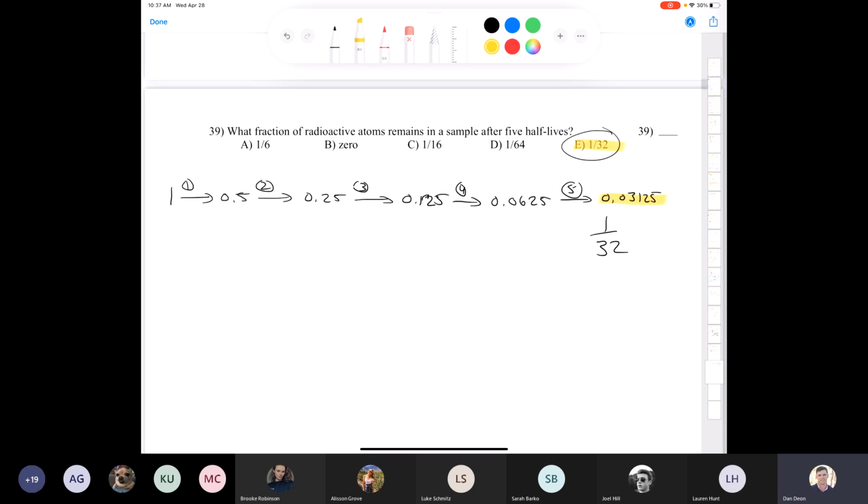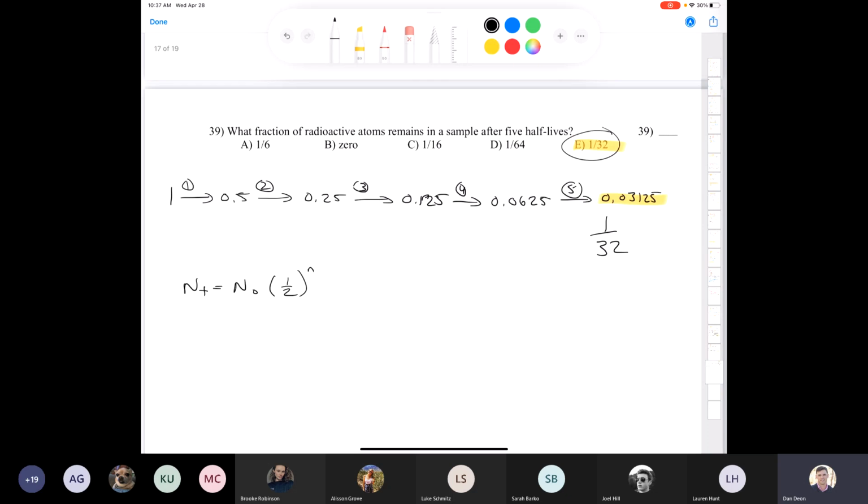There is a faster way to do that, and that is to use this formula, which is not in our textbook. The amount after a certain amount of time is equal to the original amount multiplied by one half to the power of t divided by the half-life, sorry, the number of half-lives.